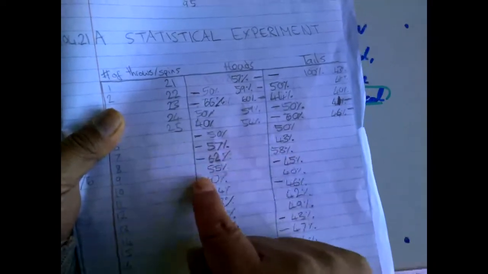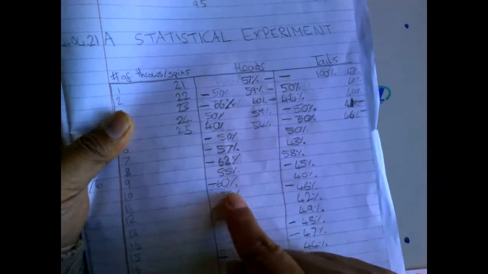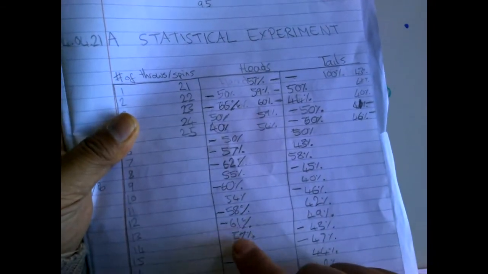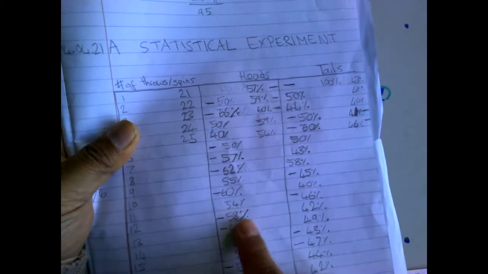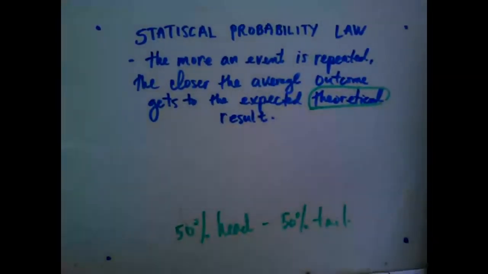So it swings back and forth close to the 60s and the 40s. And it's the same with this other result here. Here the result swings to 70, 20, 60, 30.